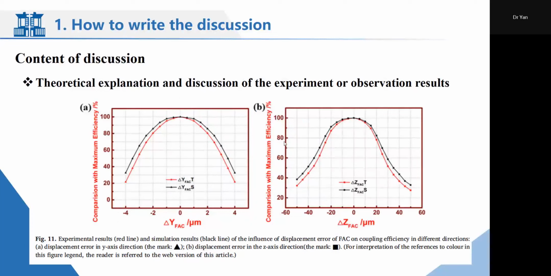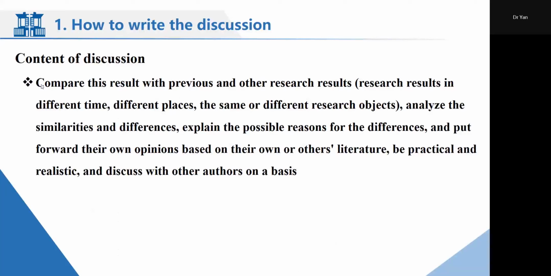The first step is to run the discussion. For the discussion, we also compare the result with previous and other research results. That means research results from different times, different places, and different research objects.